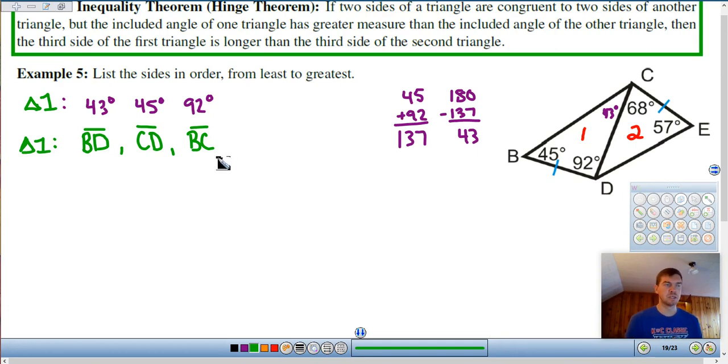Okay, but just because BC is the longest in triangle 1 does not mean that it's the longest in this entire diagram. So we need to do the same thing for triangle 2, and then we'll find a way to compare those two sets of sides. Triangle 2, I have 57 and 68. We can use those to find the measure of the third.